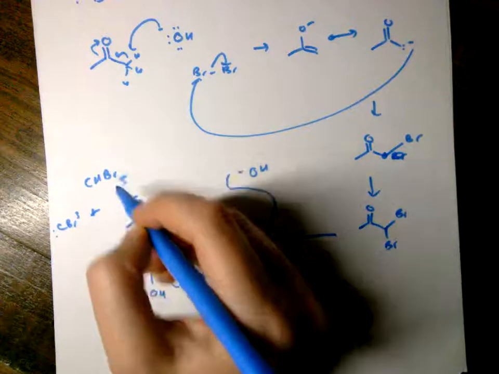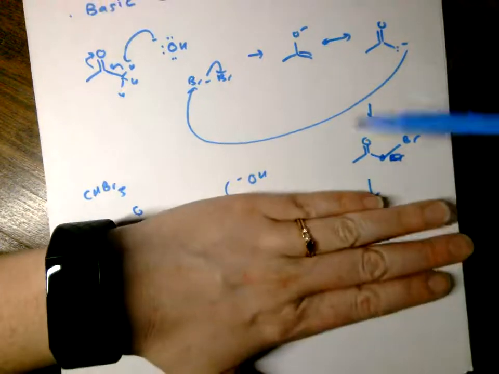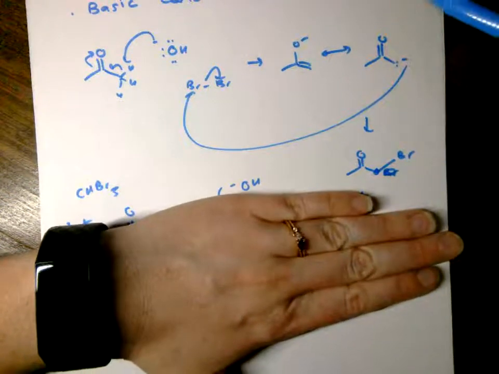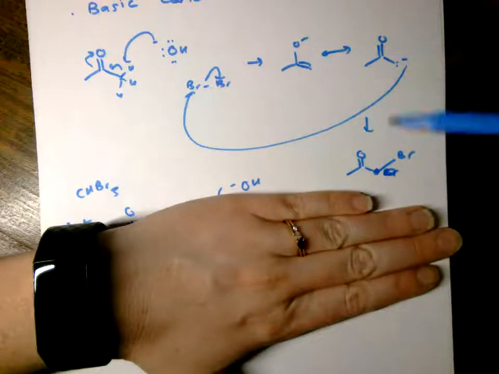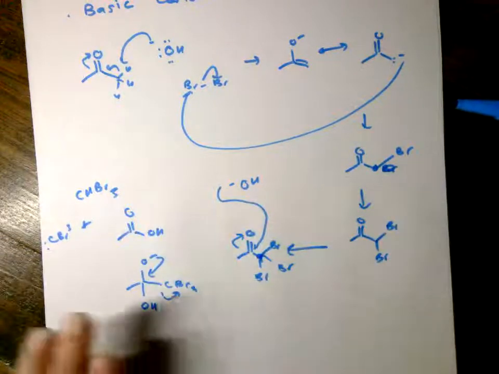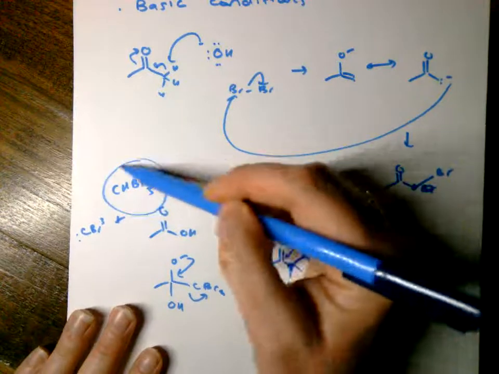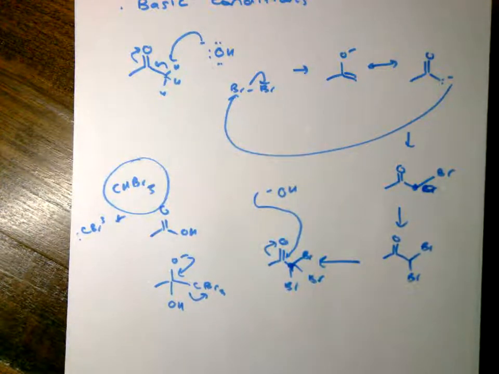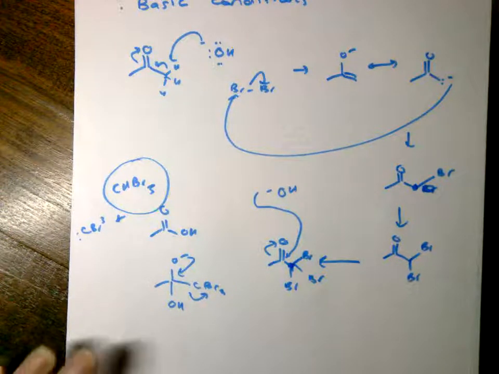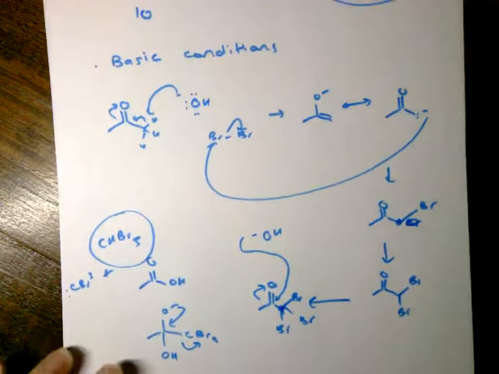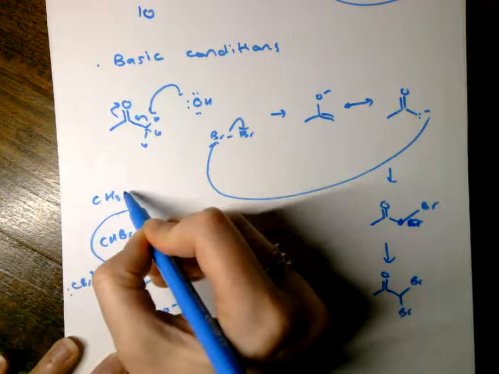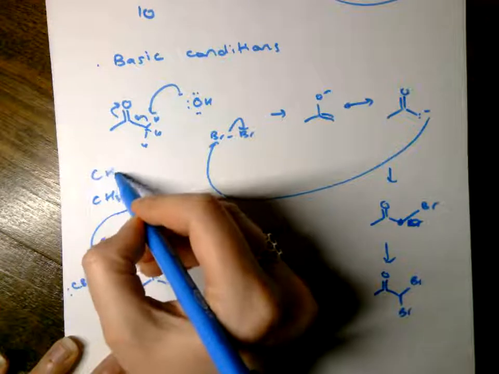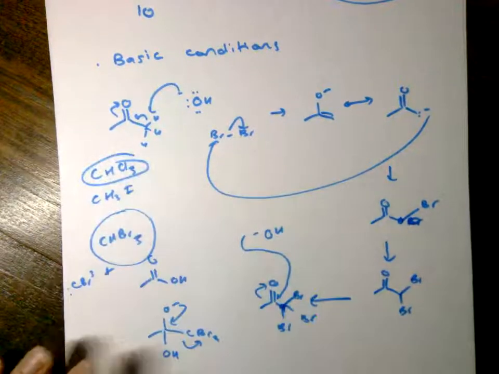So this first alpha halogenation is just a basic base catalyzed alpha halogenation, but it keeps going to form this. This is called bromoform. And overall, this is known as a haloform reaction because it works also to make CH3I, and one that you've probably heard a lot, chloroform.